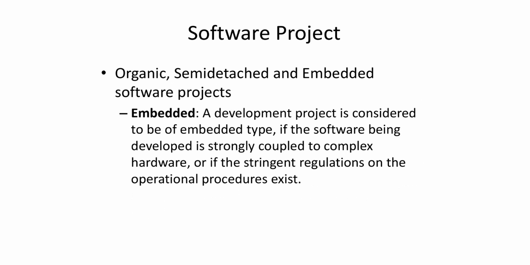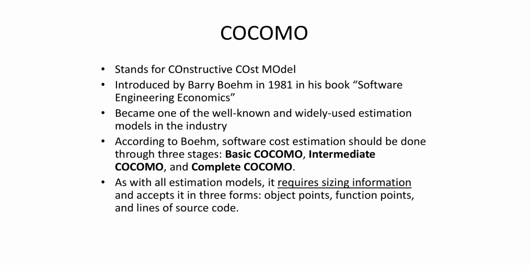With these three categories, we come to the start of the estimation models. The estimation model that we are going to discuss is known as COCOMO. COCOMO stands for Constructive Cost Model, and it was introduced by Barry Boehm in 1981 in his book Software Engineering Economics.